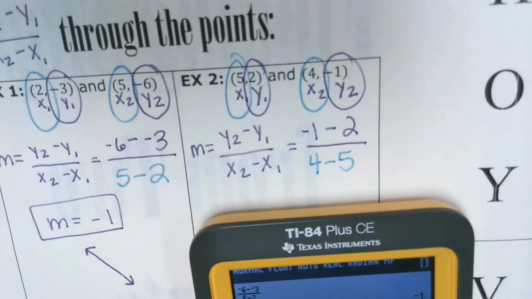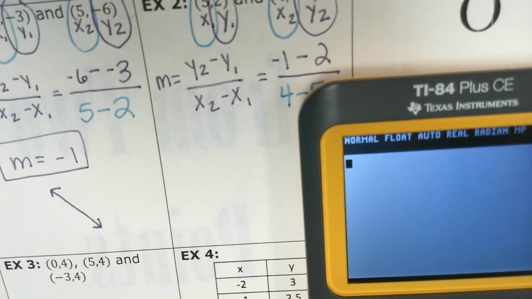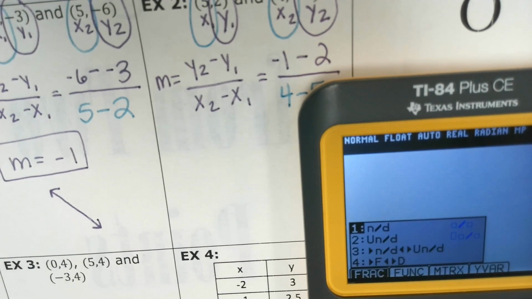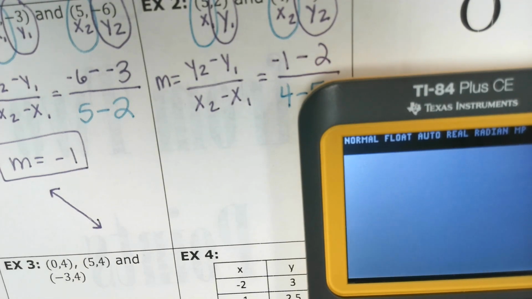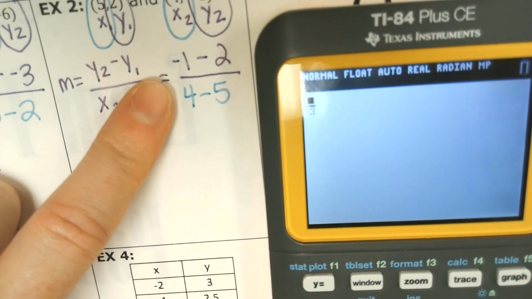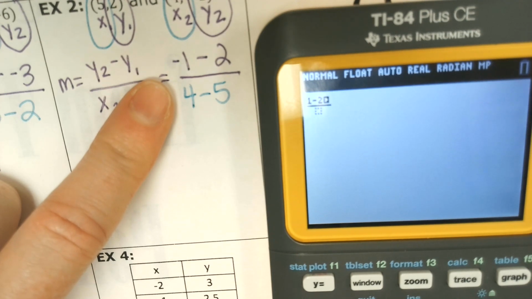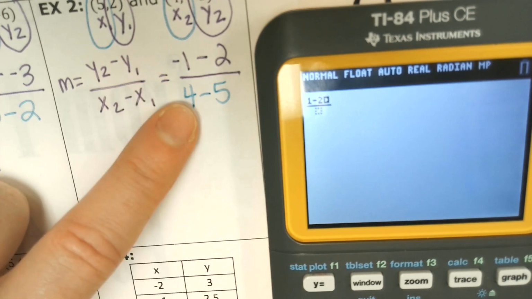Okay, let's put it in the calculator. So push clear on what you have. Alpha y equals gives you that fraction. Now put these in. 1 minus 2. The minus is the longer one, and the negative is the shorter one that's right underneath the 3. I forgot the negative, didn't I? Okay, -1 minus 2.